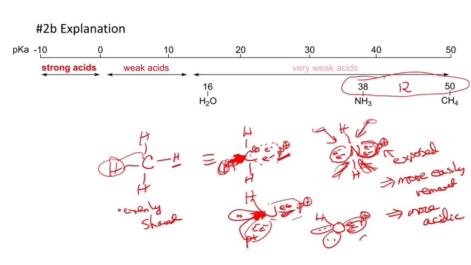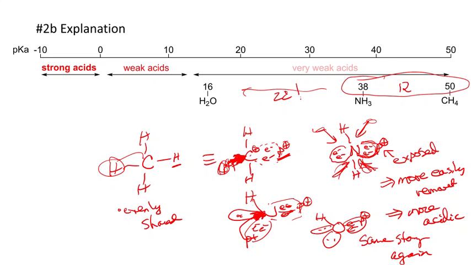And same story again. And now actually it's huge. This is now a 22 pKa difference. The idea here is that you do not have to use electronegativity as a crutch. You can understand this on a much more basic level just by thinking about protons and electrons and repulsion and attraction, and you've got the whole thing.